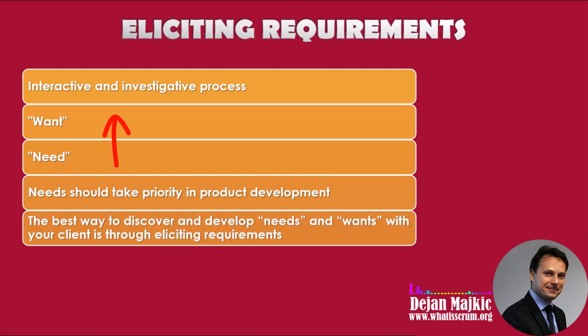Now, the best way to discover and develop needs and wants with your client is through eliciting requirements, where you engage in discussion about the product with your client. Throughout discussion, the product owner or software product manager and team can help provide insights on what the client needs and wants the product to do, and how these goals can be feasibly achieved.